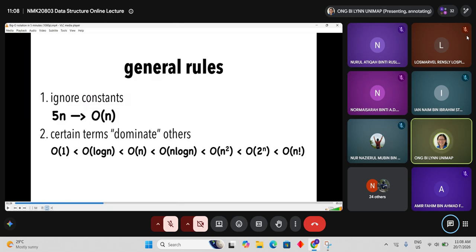So in Big O notations, it will ask you the worst case condition. That's why you find the highest complexity. Okay, nanti kita ada contoh dalam video ini.